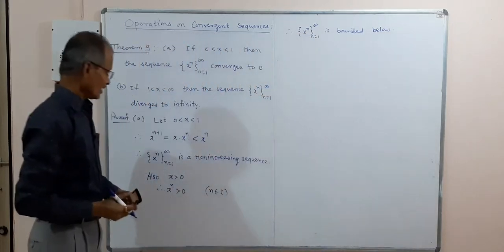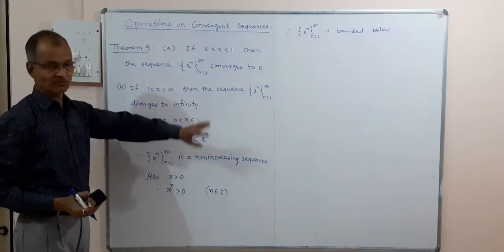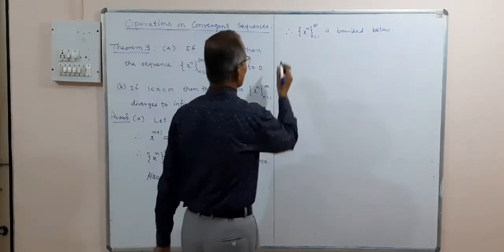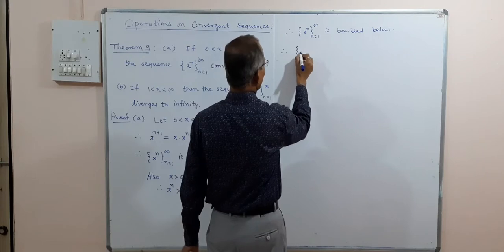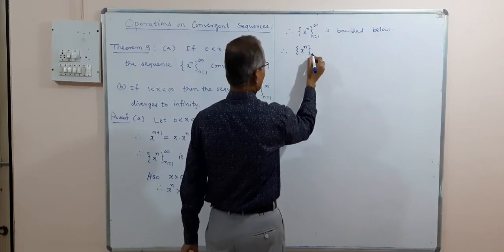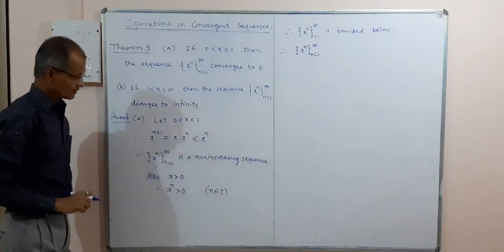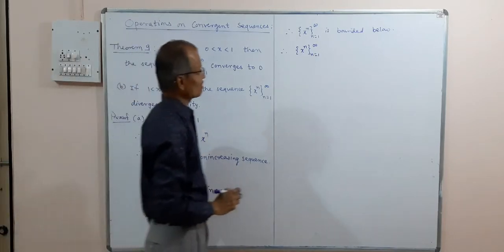And thus we have a non-increasing sequence which is bounded below, and thus this sequence is convergent. This is theorem 6: a non-increasing sequence which is bounded below is convergent.